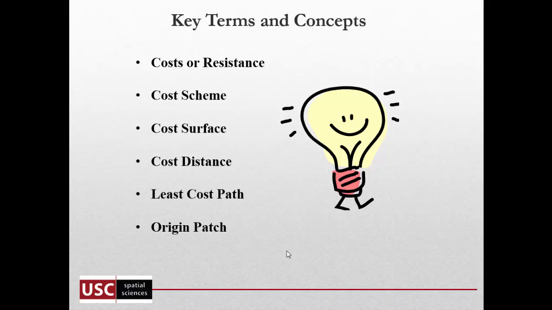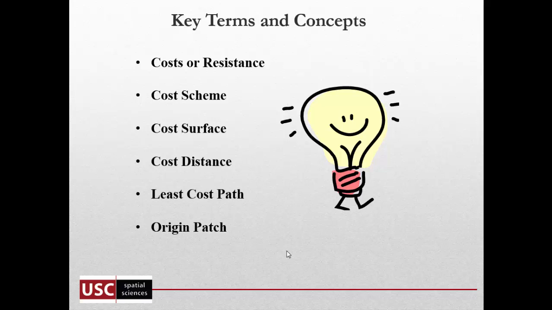Secondly, we have the cost scheme. And this really is your modeling choices and how you're going to represent costs and categorize them so that they're comparable to one another. For instance, later in this model, we'll compare slope to snow moisture content. And a score of 2 on a slope should be equivalent in resistance or cost to a 2 in snow moisture content.